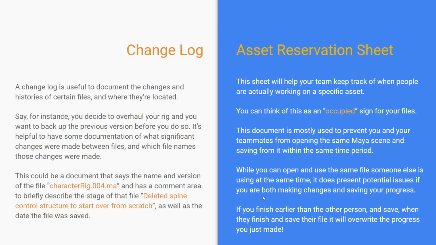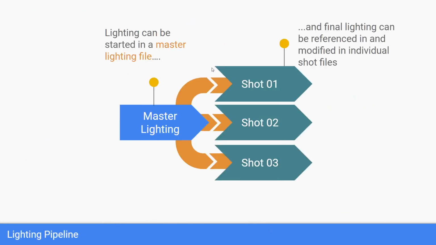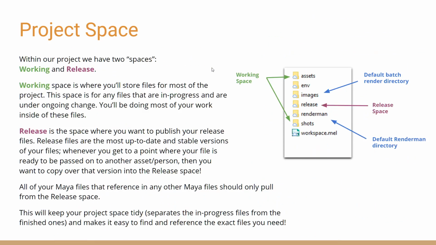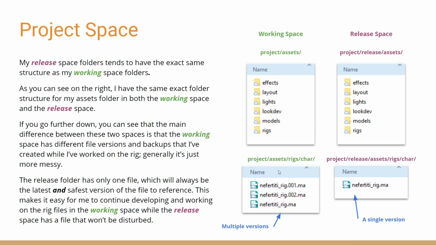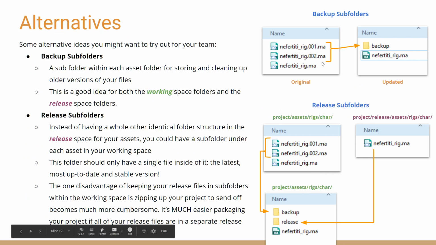Something else that you could have as well, this is something I've seen teams do, is a change log. So this is essentially a document, let's say a Word or text file, in the same location as our asset, right? So let's say I'm in the rigging folder.